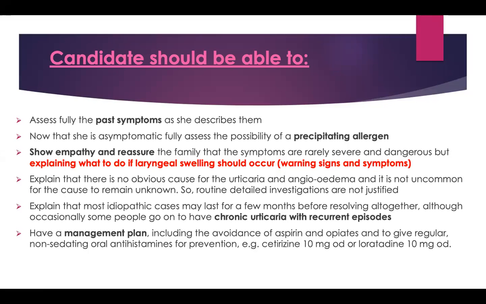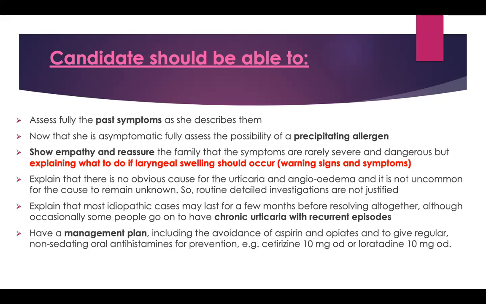Explain that most idiopathic cases may last for a few months so that the patient has an expectation about the chronicity of the situation and the possibility of recurrence, okay? So it may last for a few months before resolving altogether, although occasionally some people go on to have a chronic urticaria with recurrent episodes.